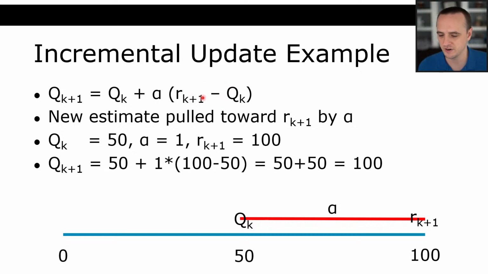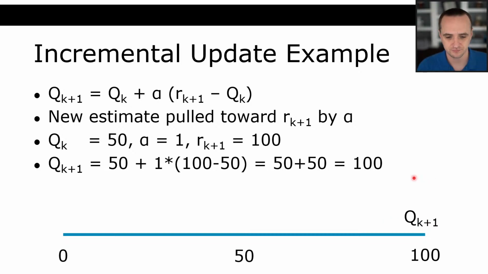Now this is saying, scale that difference by alpha and then add it to our previous estimate. So if alpha is 1, then we take the whole difference and add it to our previous estimate. And so now our QK plus 1 would be all the way toward 100.